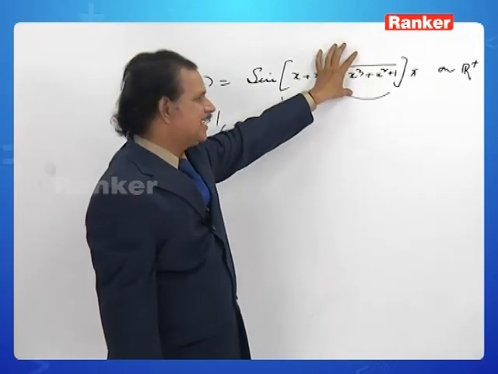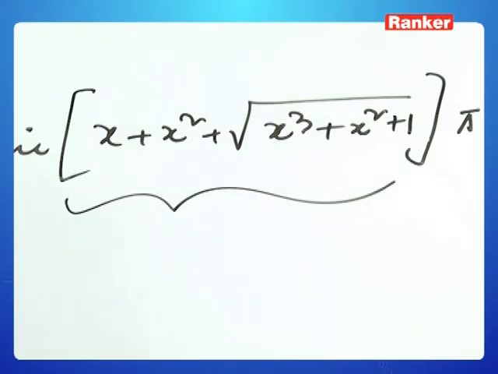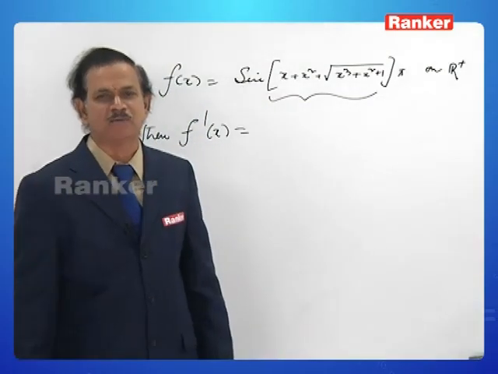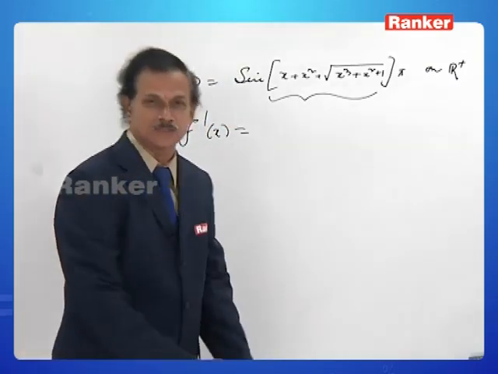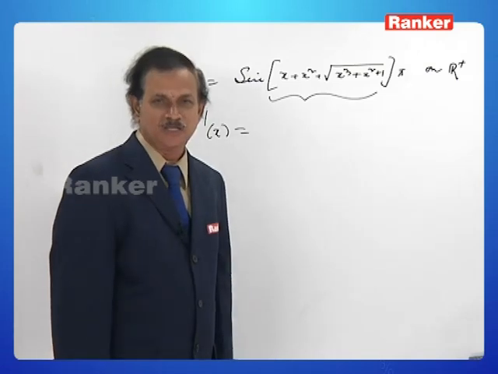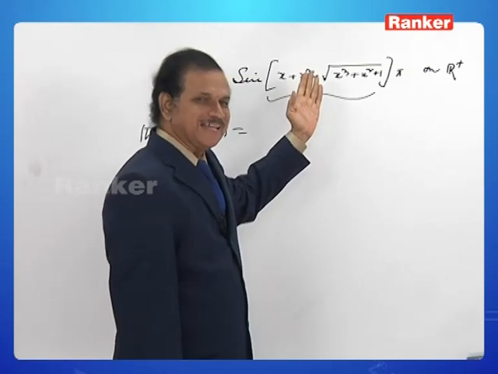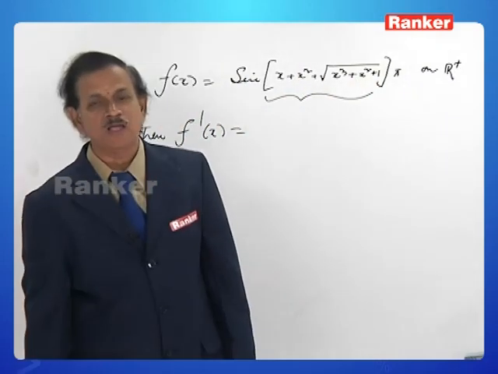Whatever might be the nature, this is always an integer, right? Why? Because by the basic definition, by the basic structure itself, it is an integer because it is an integral part. Say some n. So it is sin n pi. What is sin n pi?